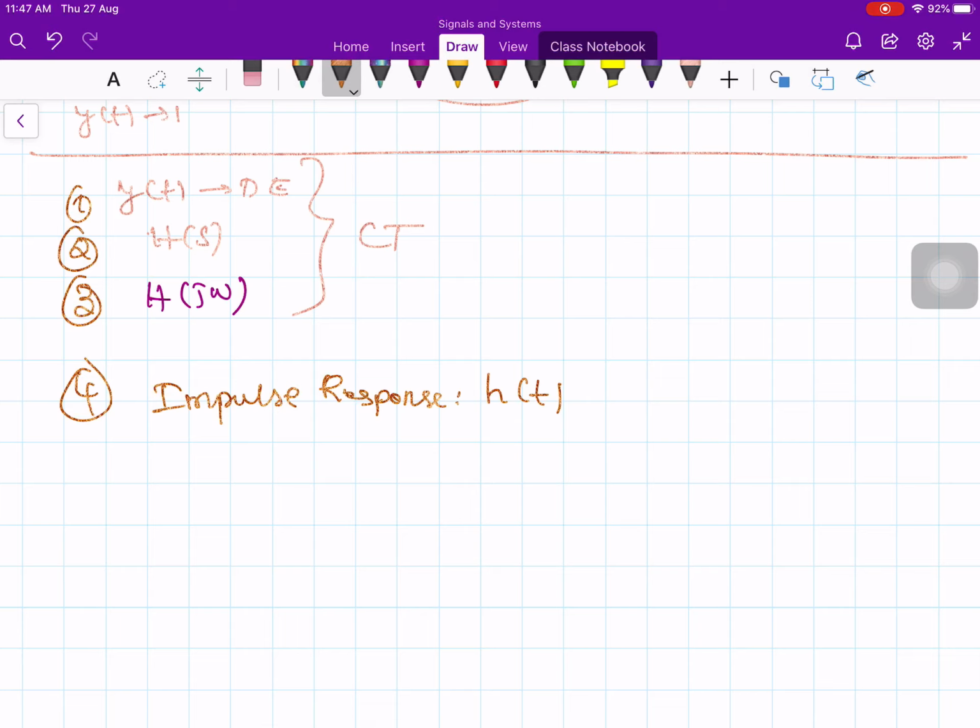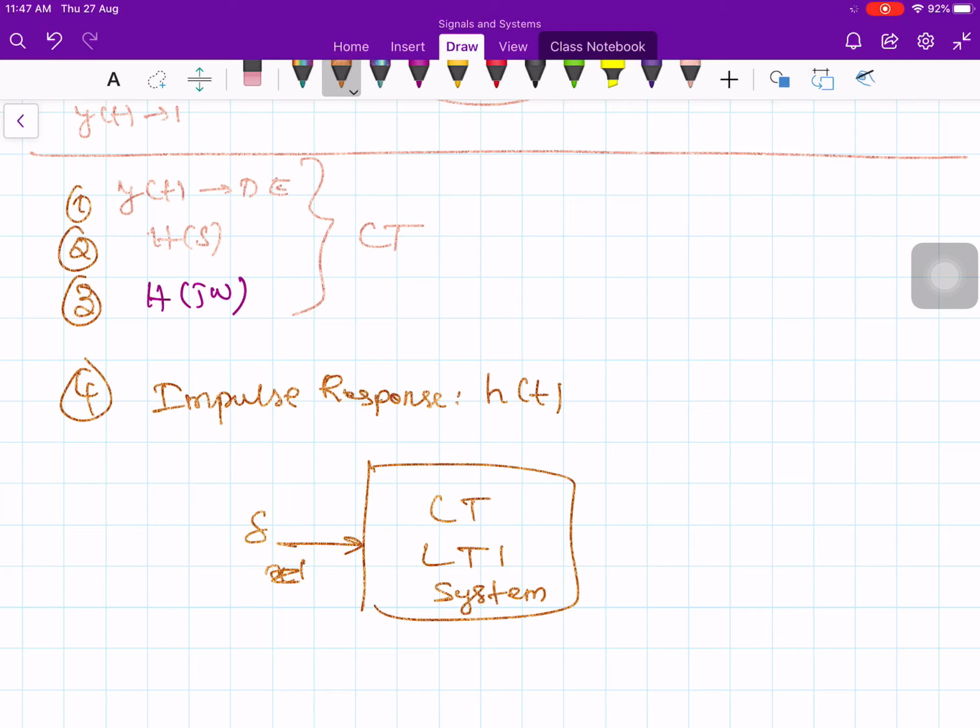So, what do we mean by impulse response? You take a continuous time LTI system, and now the input is not x of t, it is delta of t, the impulse function, and the corresponding output is called the impulse response, the response due to an impulse function. So, if you give an impulse to a system, the output we call impulse response.